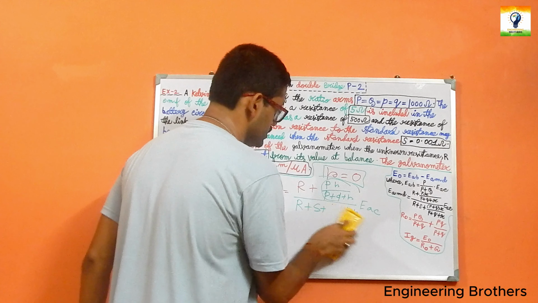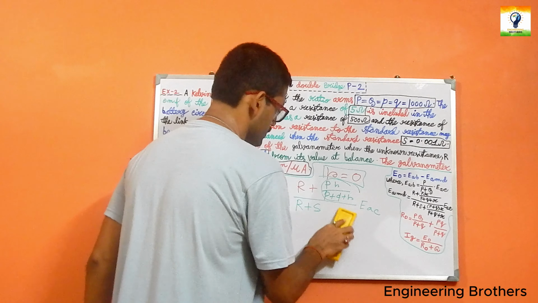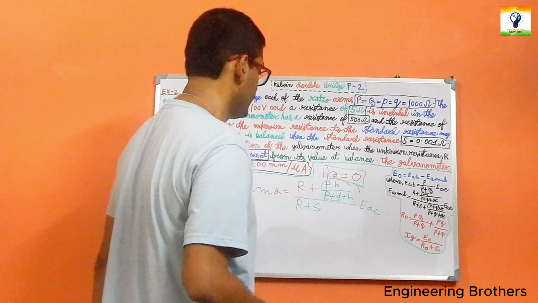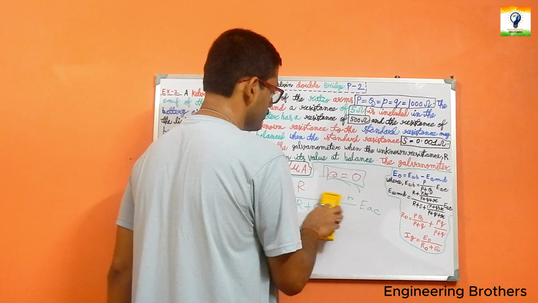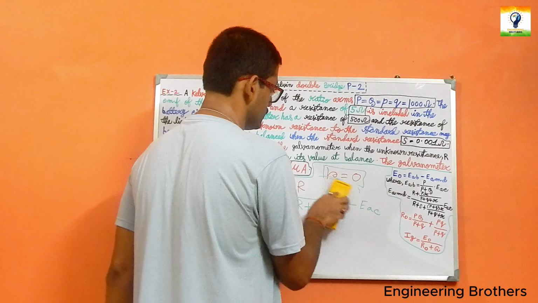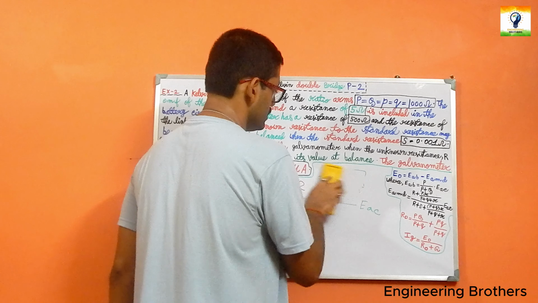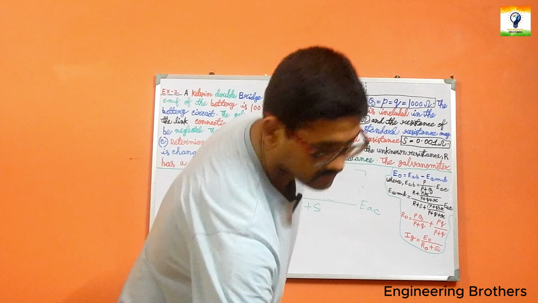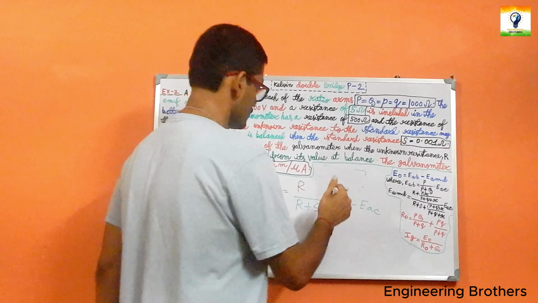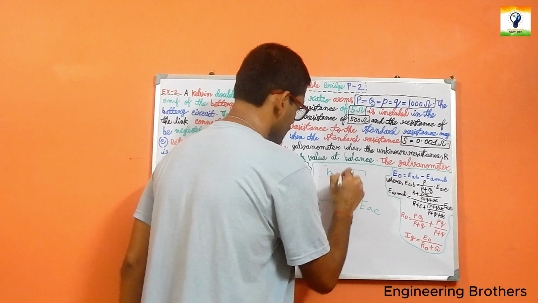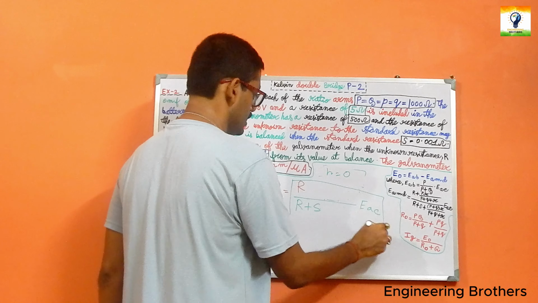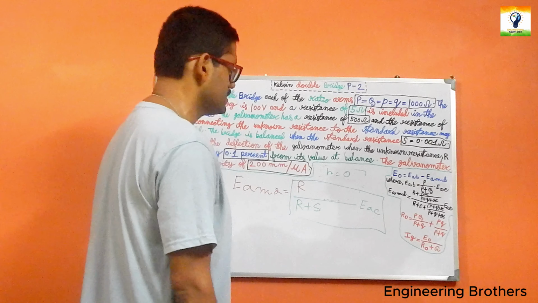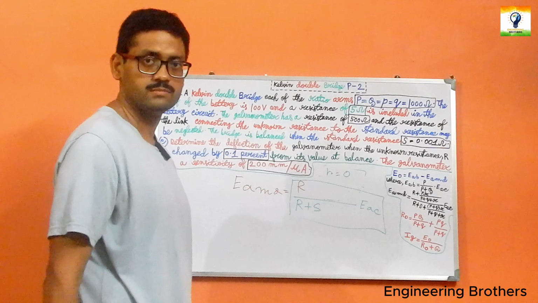The expression will be r divided by r plus s, and the other term will be eliminated because of the small r factor. So ultimately I have got EAMD is nothing but R divided by R plus S multiplied by EAC.